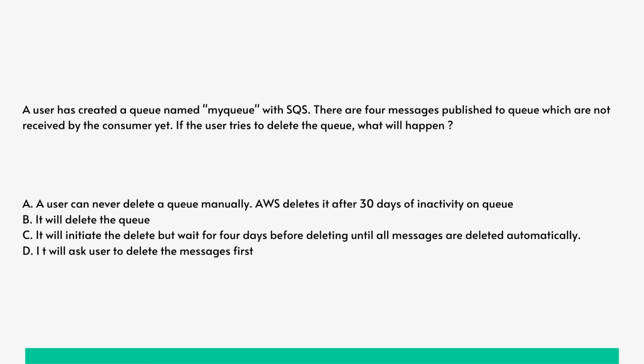Option A, a user can never delete a queue manually. AWS deletes it after 30 days of inactivity on the queue. Option B, it will delete the queue.